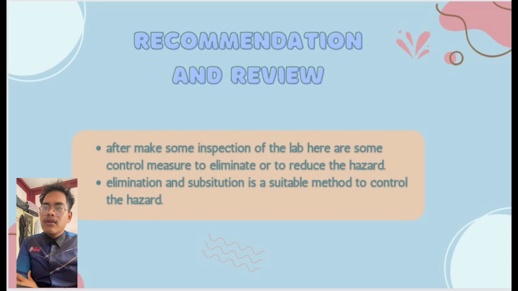Recommendation and review. After making some inspection of the lab, here are some control measures to eliminate or reduce the hazard. Elimination and substitution is a suitable method to control the hazard.